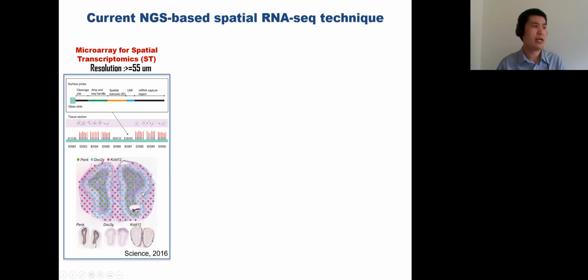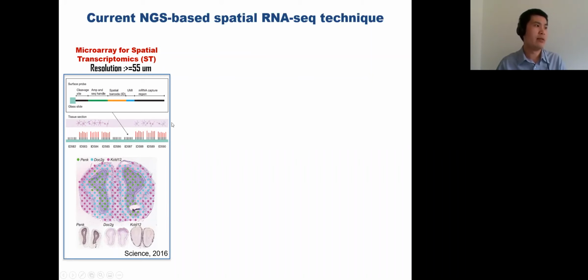Before that, all the technology was done by micro dissection, where you need to dissect the tissue into small pieces. Then you can sequence them, such as in the single cell RNA sequencing process. From here, we don't need to dissect the tissue anymore.